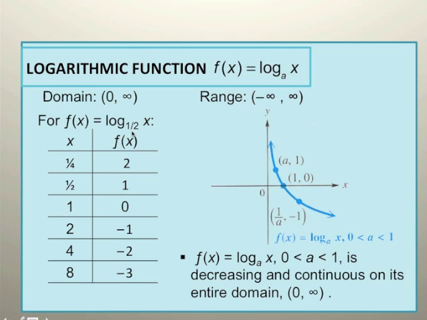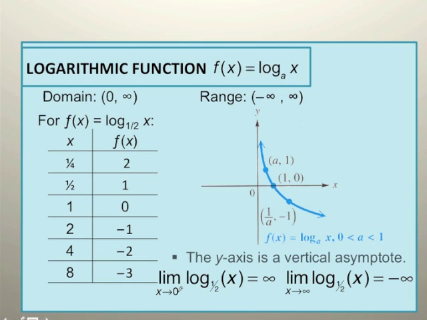When a is between 0 and 1, we get the decreasing function. We still have the points (a, 1), (1, 0), and (1/a, -1). But it's this decreasing function when a is between 0 and 1. It is continuous also.